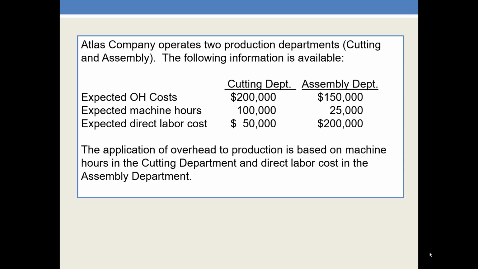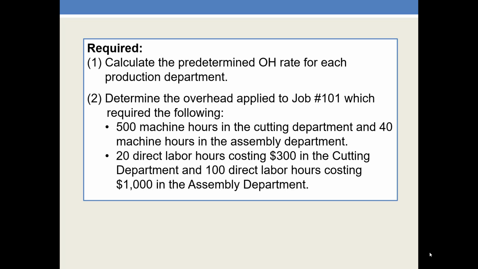So we can tell that the cutting department is likely machine intensive because the more machine hours that are used, the more overhead cost that is incurred. And for the assembly department, labor cost drives the incurrence of overhead. So they've chosen to have two different overhead rates.